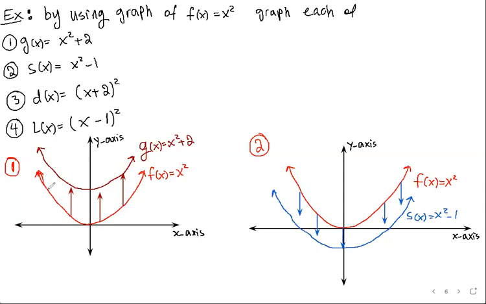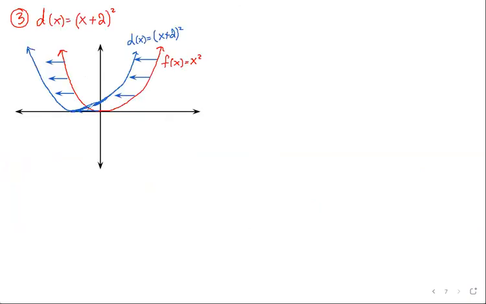But because I want to show you what the original function looks like and how we shift it. So the answer for the first one here is this graph. For the second one is the blue one. For the third one is the blue one. Because I want to show you how we shift, we draw the original one, then we shift.